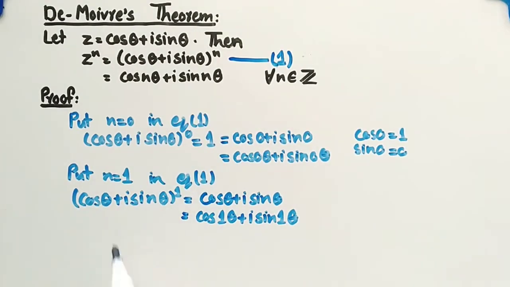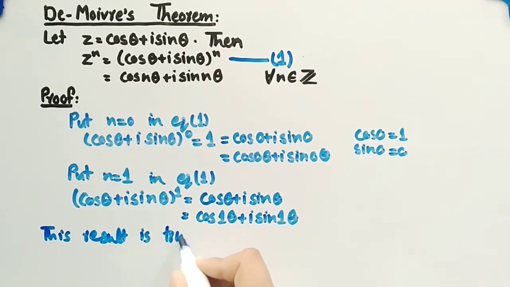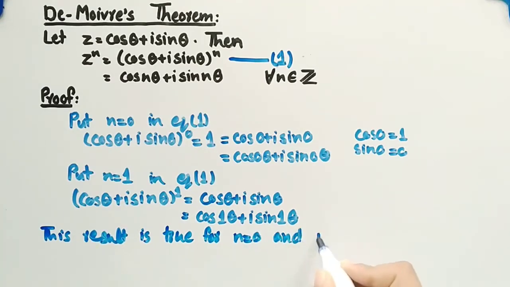We have written (cos theta plus iota sin theta) raised to power 1 in the form of cos 1 theta plus iota sin 1 theta. So we can say that this result is true for n is equal to 0 and n is equal to 1.